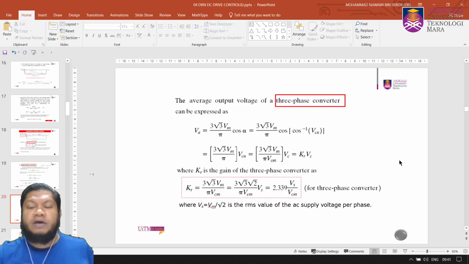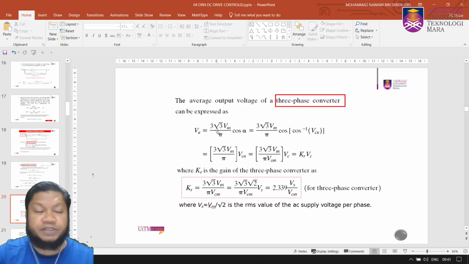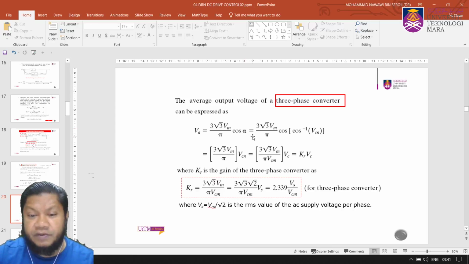Okay, for the average output voltage, we have this equation, VA equals 3 multiplied by root 3 V peak over pi cos alpha. So again, if we change alpha, then we have a different value for that. So here we normalize VC, and if you work through that, you have the KR.